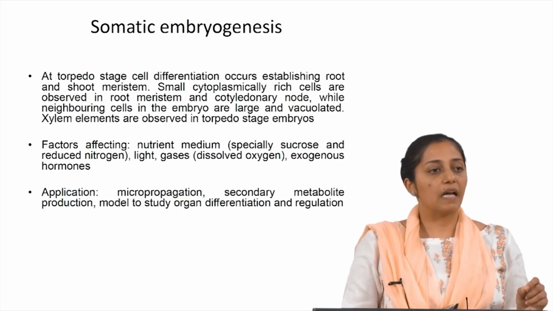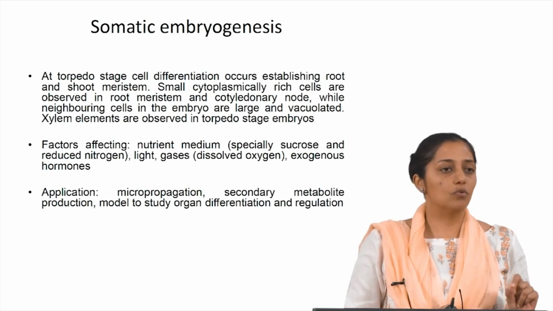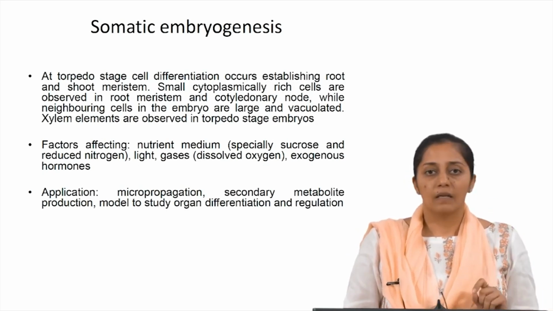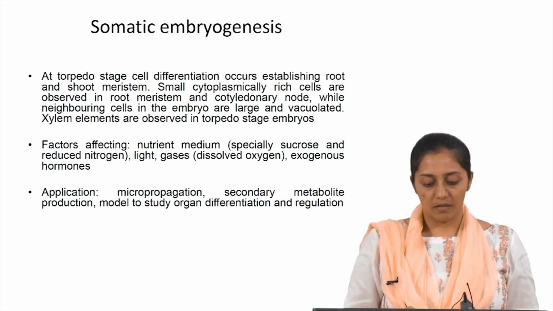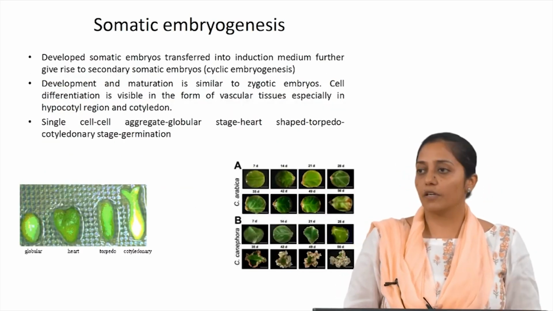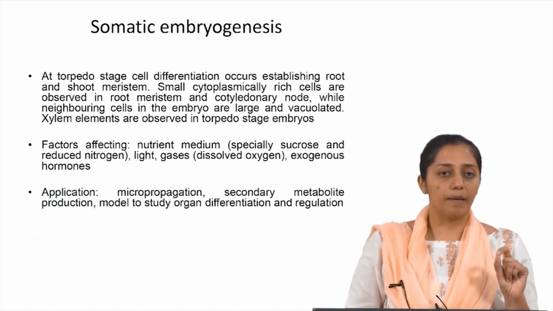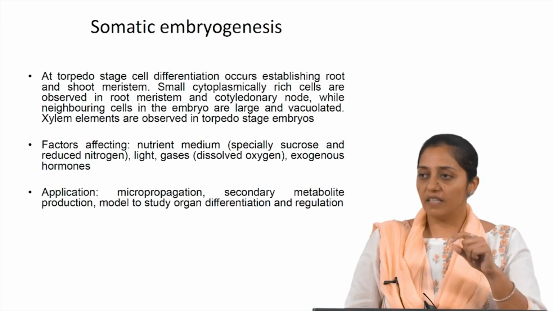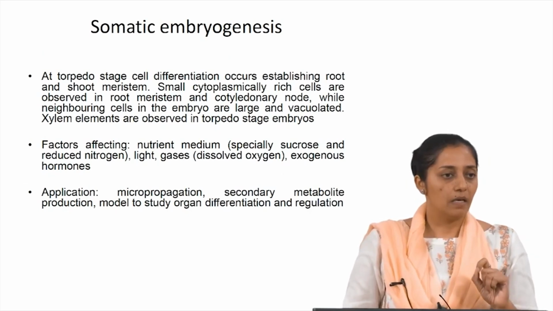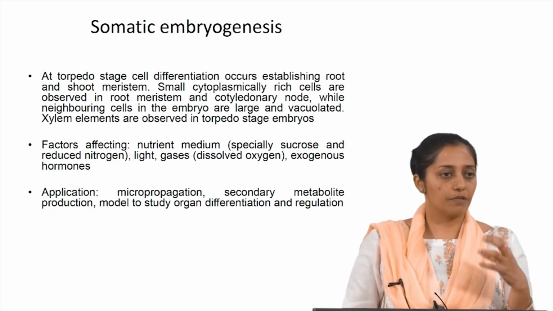So what happens at the torpedo stage? Cell differentiation occurs, establishing the root and shoot meristem. Now what is the torpedo stage? This third one, which looks like a torpedo. Now small, cytoplasmically rich cells which are embryogenic are observed in these meristems, and the rest of the cells are vacuolated and mature cells which will form the bulk.